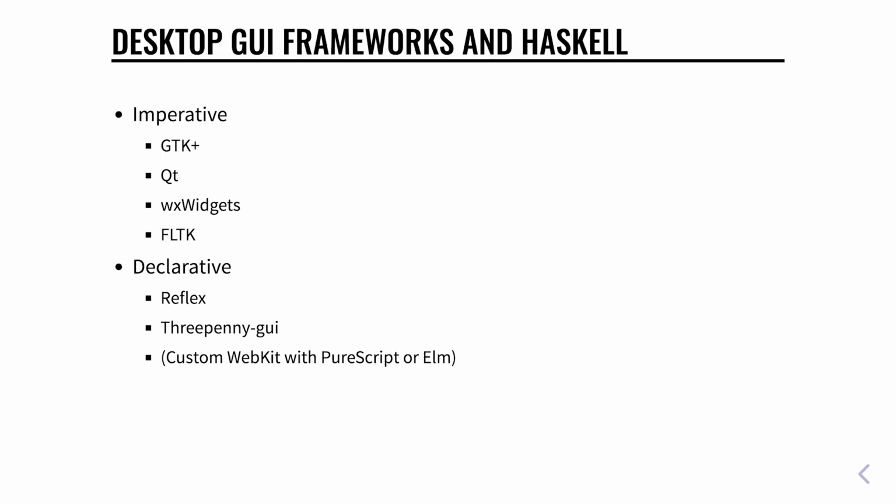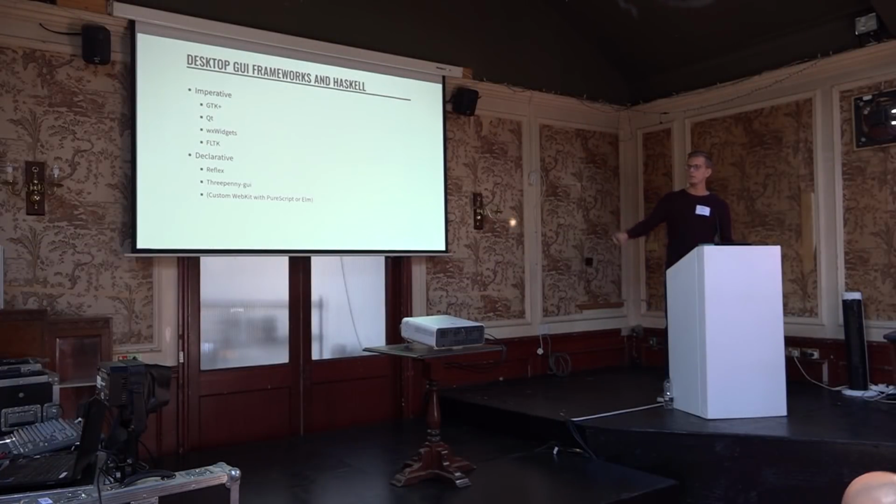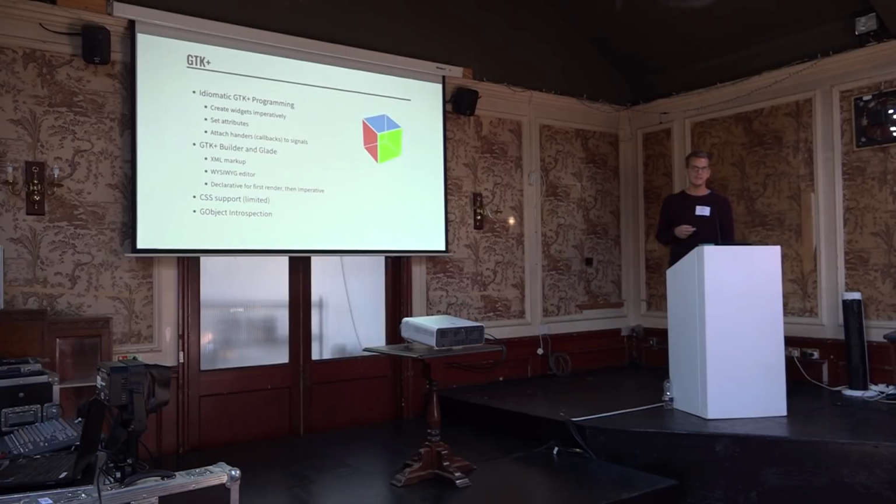That's an FRP framework, more functional from the ground up. And there's a thing called Free Penny GUI as well, similar, I think. Or you could build something with PureScript or Elm or something, and put that in a WebKit view or whatever. But all those are built on web technology and might not be what I'm looking for. So I decided to go with GTK and see what happens.